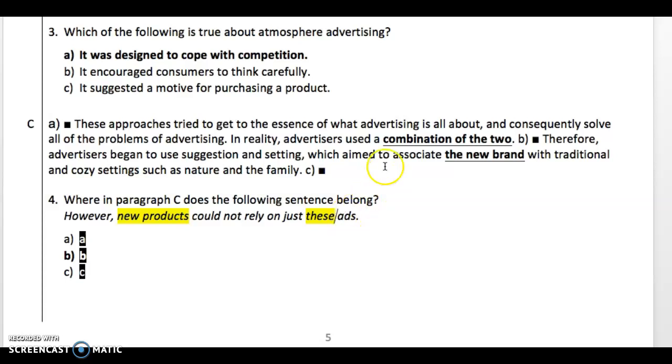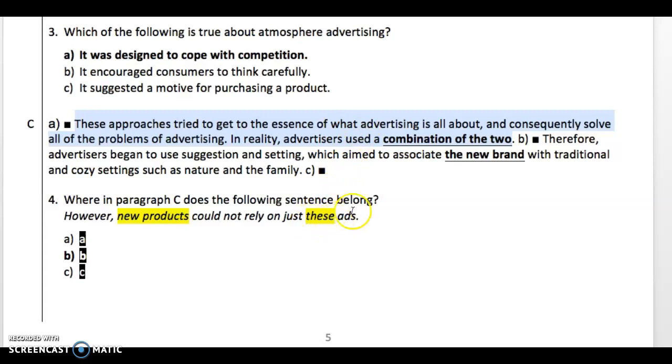If you look at this sentence, which comes before B, you see that the advertisements were the combination of the two.